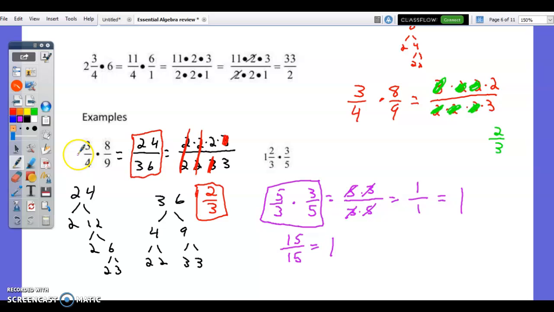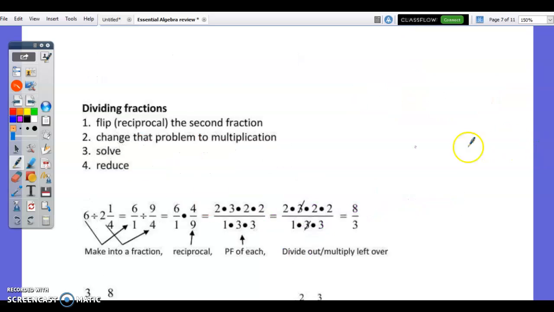But it's good to know that we're multiplying across and then you can reduce. So another way of simplifying it would be to multiply across and then type that into a calculator to help you reduce it if we're not doing it the long way. Again, I probably won't make you show your work for all of them because I do want you to get comfortable with that calculator. Okay, so on to the next one, dividing fractions.